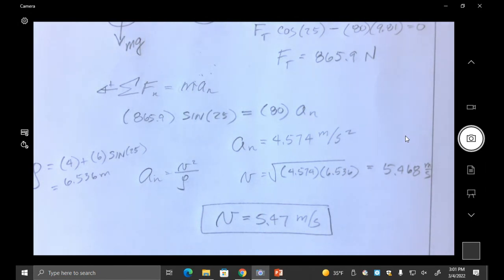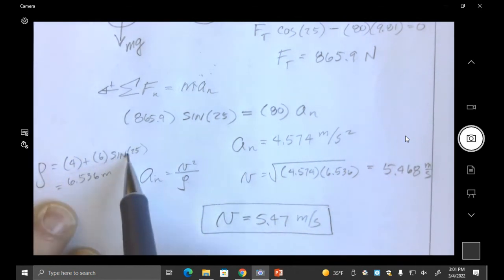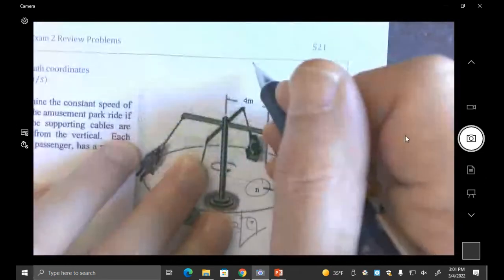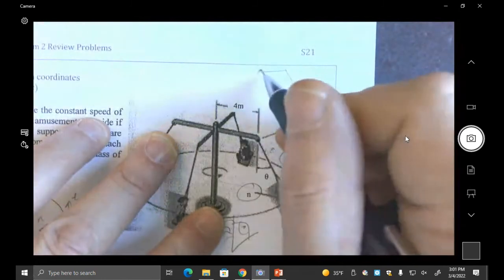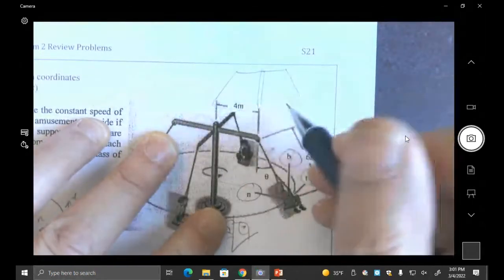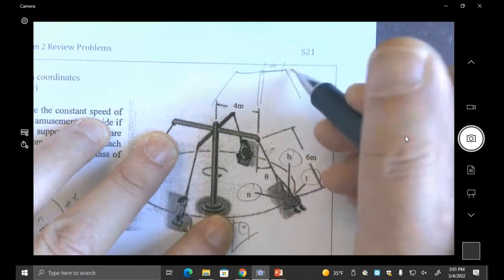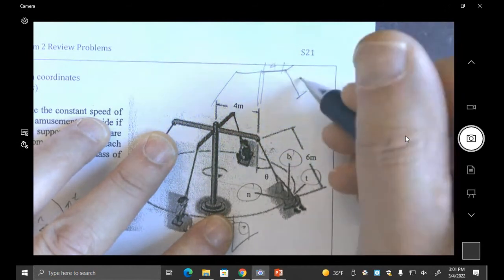Could you show the trig that you did to find the rho? Oh, this guy? Yes. I'm just looking for it from the side, right? So it's a side view of this thing, like that right there. So this is 4 meters up to here, and this length was given as 6 meters.